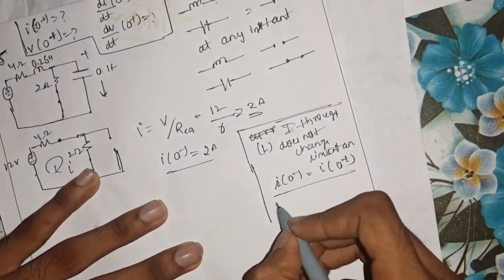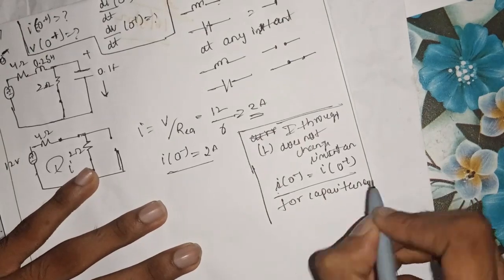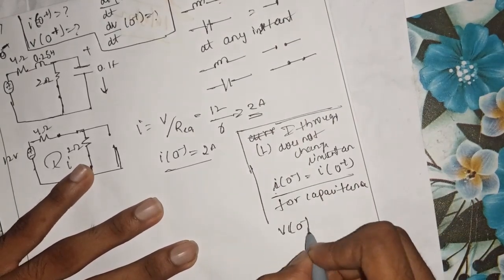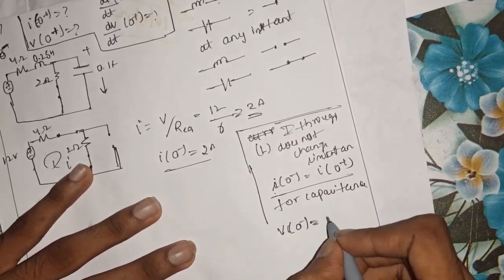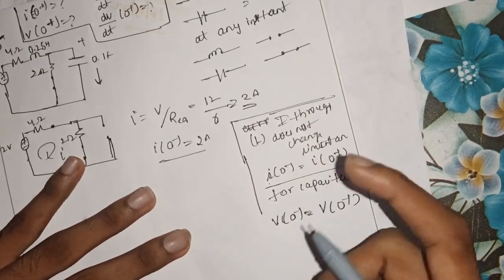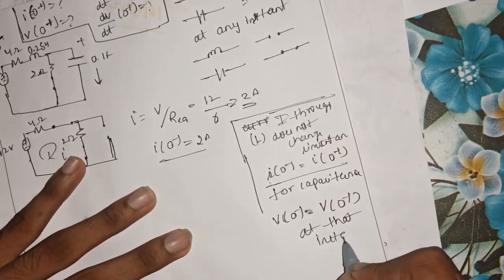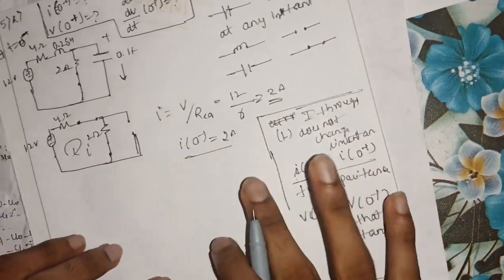Similarly, for capacitance, voltage will be the same before the switching takes place and after the switching takes place. Obviously, both these conditions hold at that instant. I hope that is clear to you.